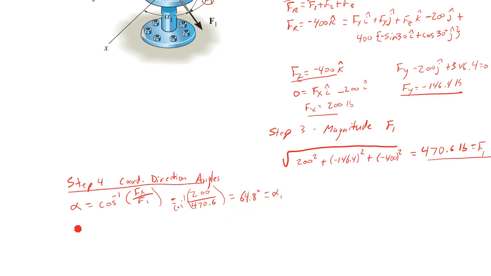So alpha 1. Beta 1. Inverse cosine of Fy over F1. So that's going to be the inverse cosine. What's Fy? Negative 146.4 over 470.6. So that's 108 degrees.